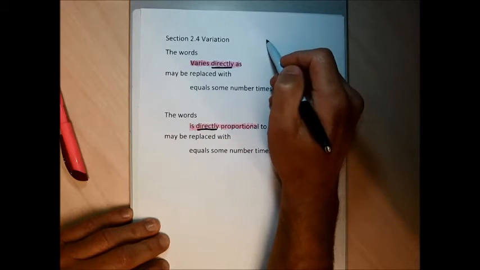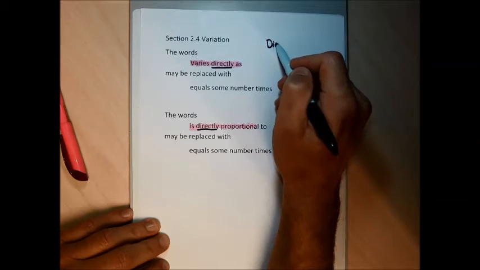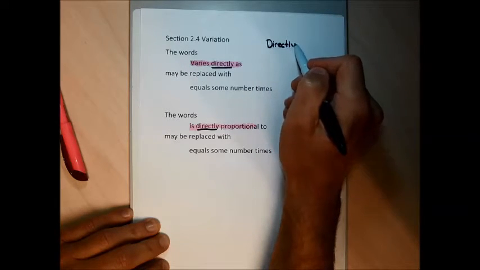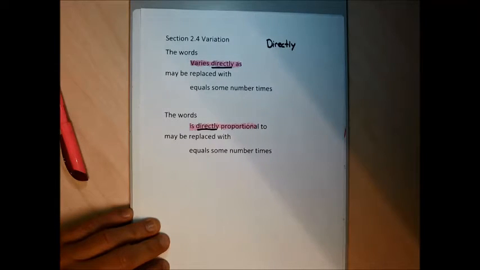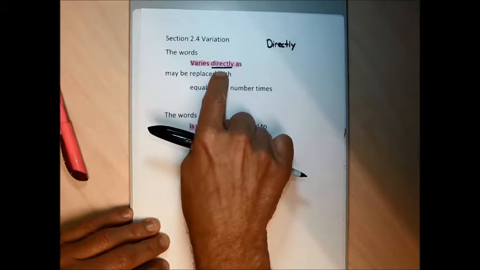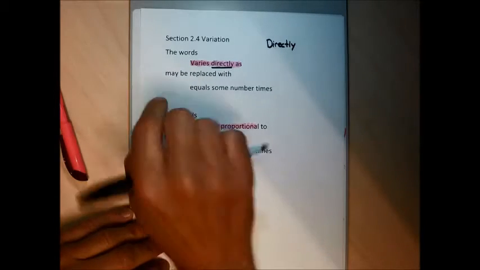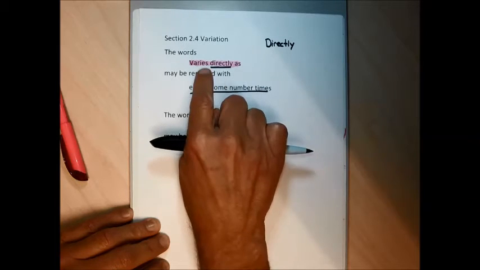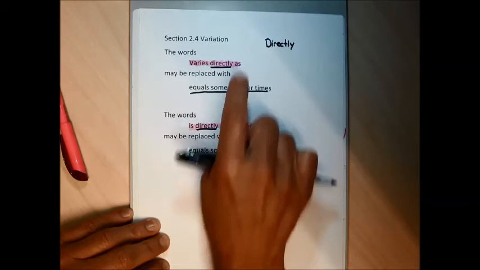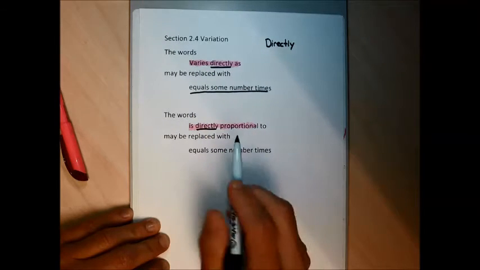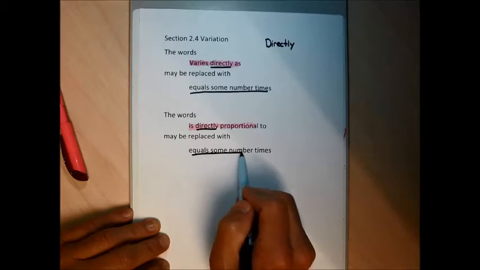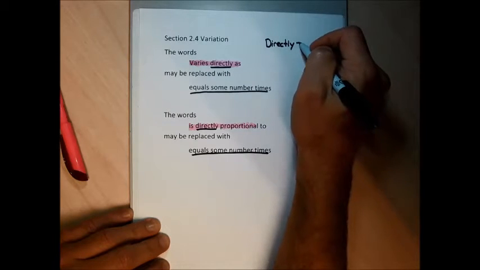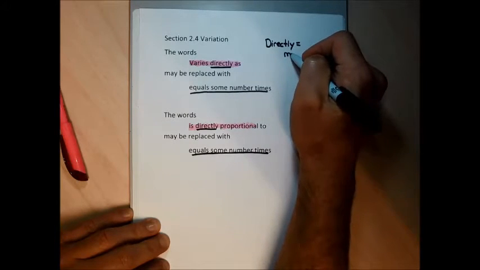The key thing those two series of words have in common is the word directly, and anytime I see the word directly in this section, I'm going to replace those words with equals some number times. So when I think directly, I think multiplication.